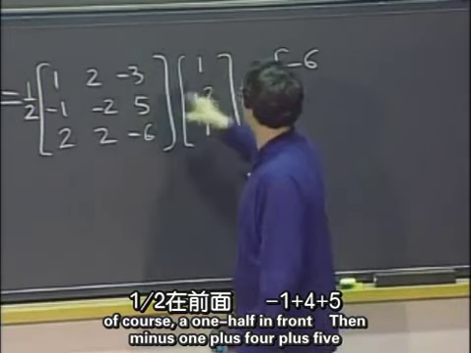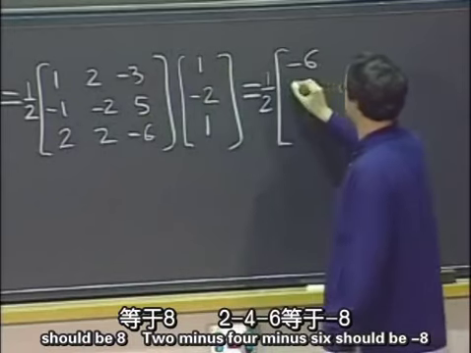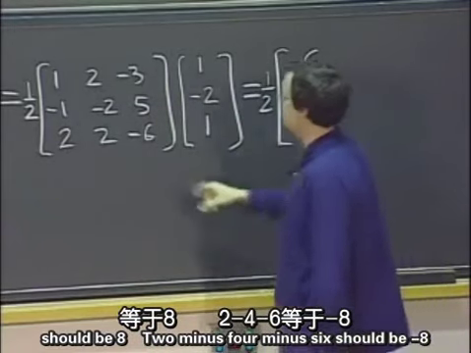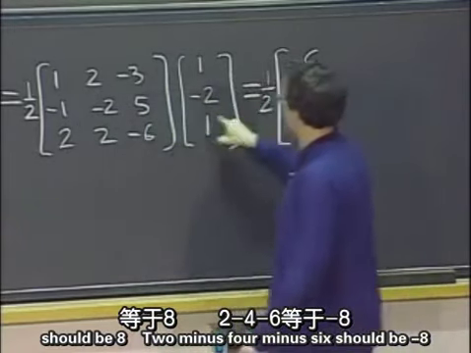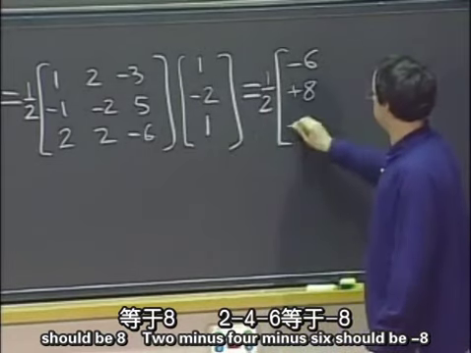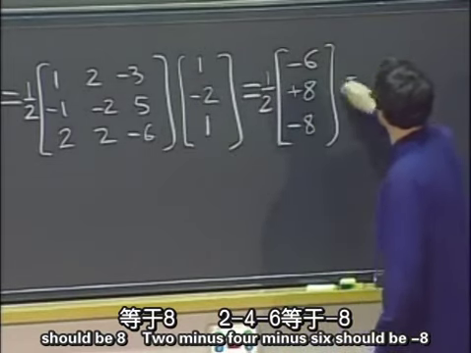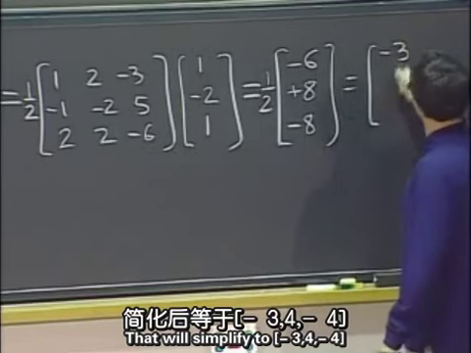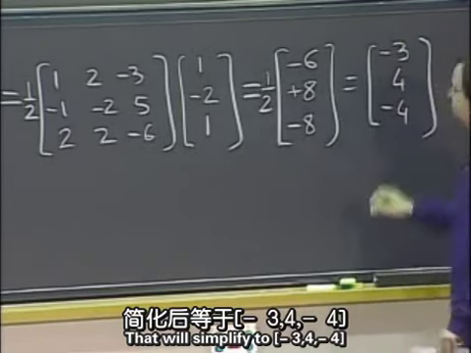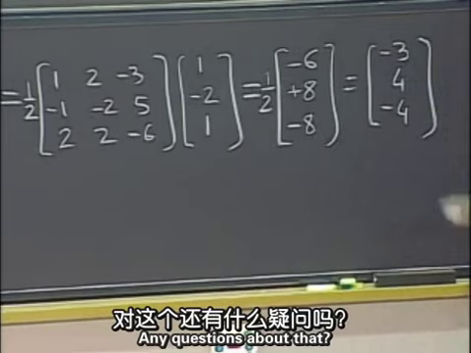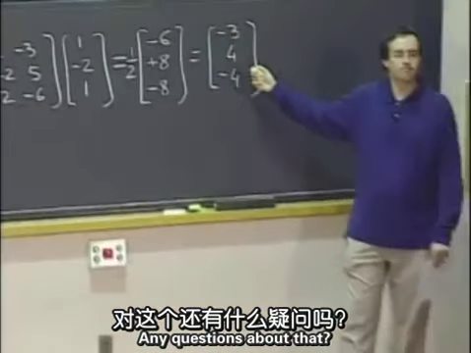Then minus 1 plus 4 plus 5 should be 8. 2 minus 4 minus 6 should be negative 8. So that will simplify to minus 3, 4, minus 4. Okay, any questions about that?